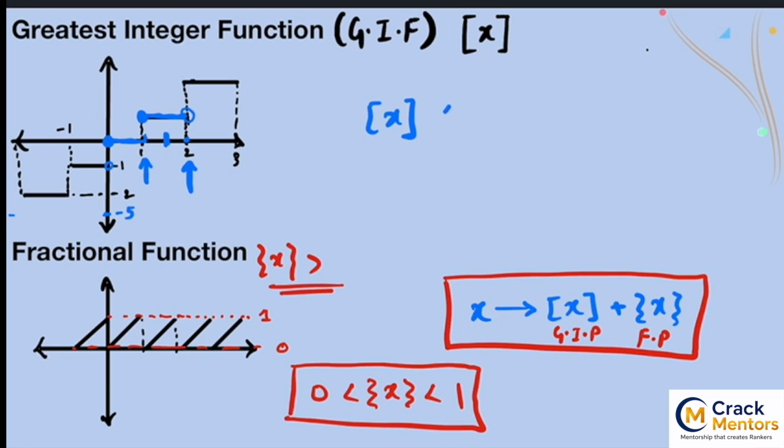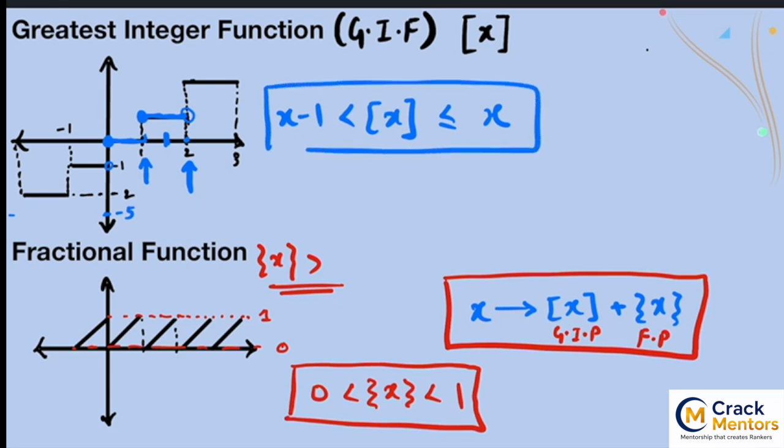So it will always lie between x and x minus 1. Yes, the greatest integer of any number x will always lie between x minus 1 and x itself.